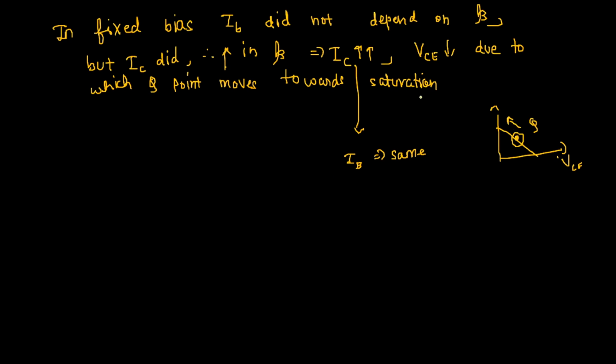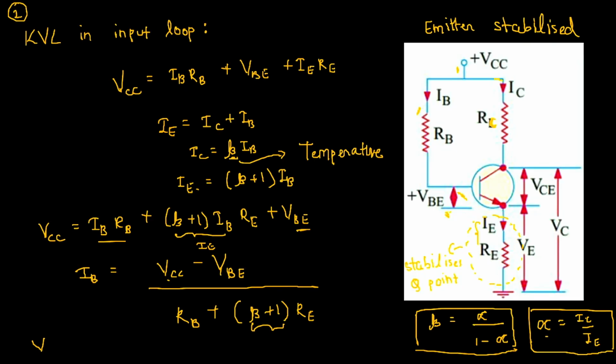So this was the main drawback with our first design, the fixed bias circuit, which we stabilized by adding a resistor to the emitter instead of directly grounding it. This has made our base current dependent on beta. So now whenever beta increases, our base current increases too, due to which the Q point tends to remain at the same spot.